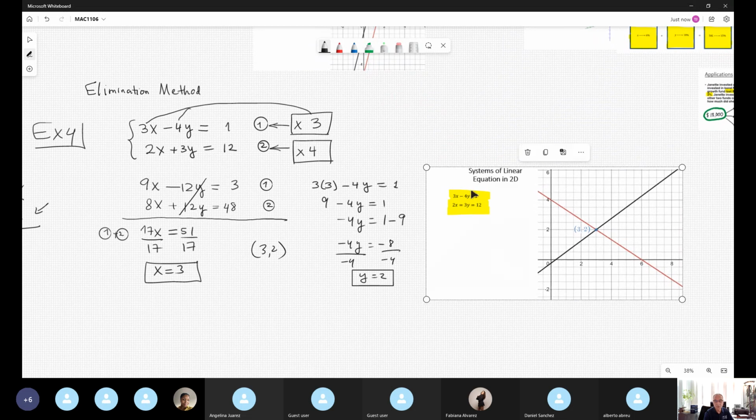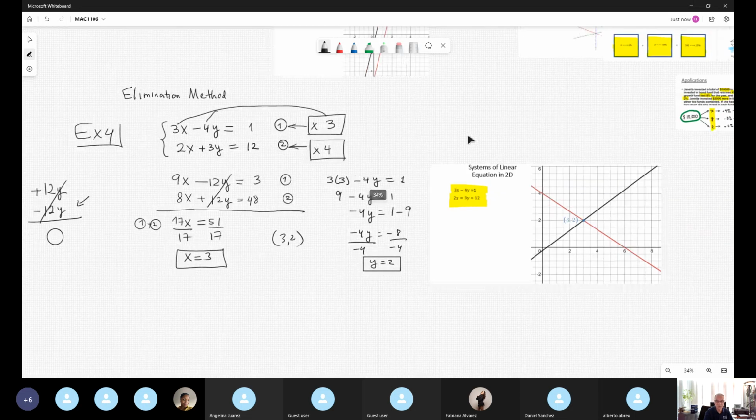I enter both equations in Desmos, one red color, another black color, and you see that there are no parallel lines, there is no coincidence. The unique solution is the intersection between two lines, the point (3, 2), where 3 is the x component, the first component, and 2 is the second component. End of the story. Elimination.